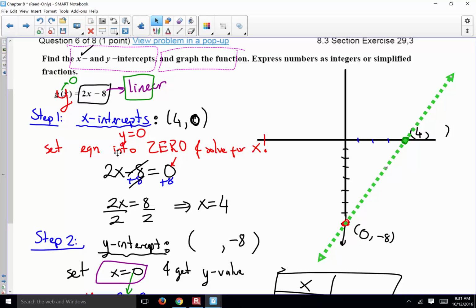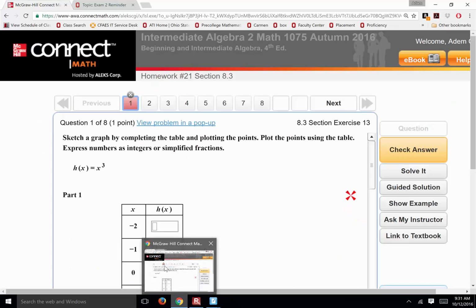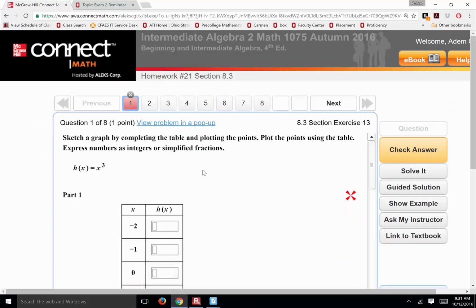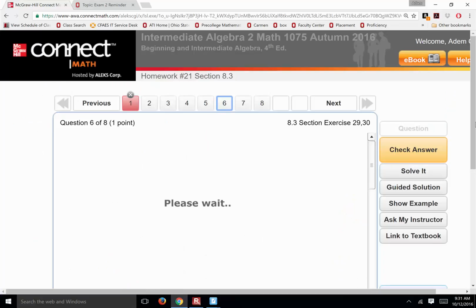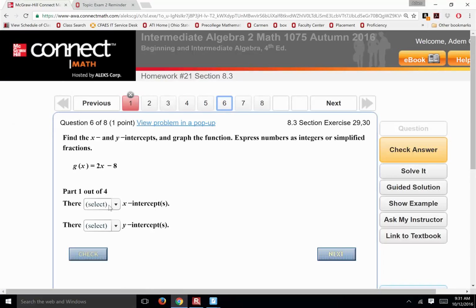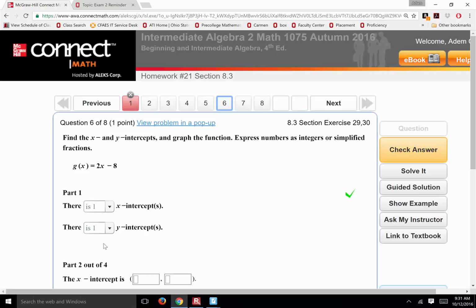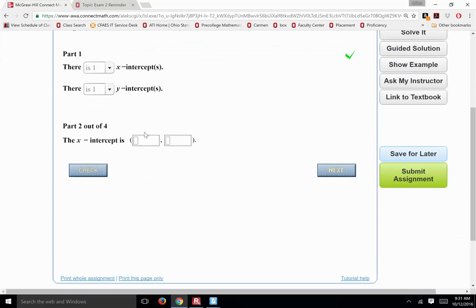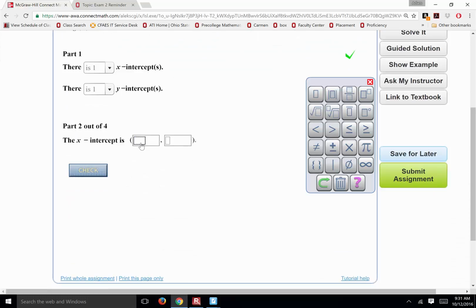Okay? Make sense? Let's see what's required in Connect Math. Alright, we found how many x-intercepts? 1 x, 1 y. And as you see, they require both coordinates. It's 4 and 0 for x-intercept.